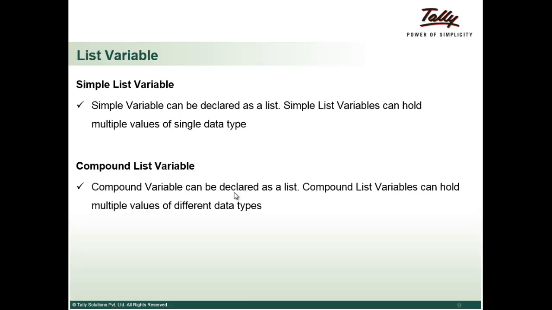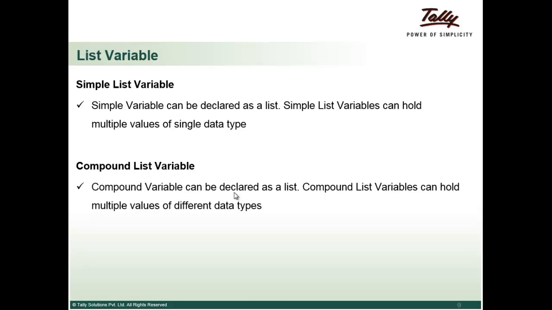Let's read the definition. A simple variable can be declared as a list, and simple list variables can hold multiple values of a single data type. A simple variable holds a single value of a single data type, whereas a simple list variable holds multiple values of a single data type. That is the difference.